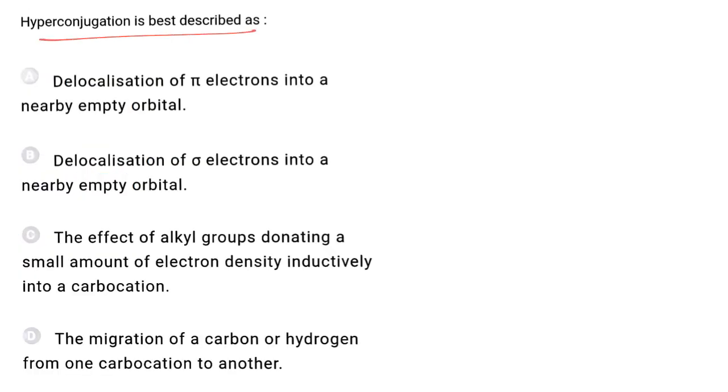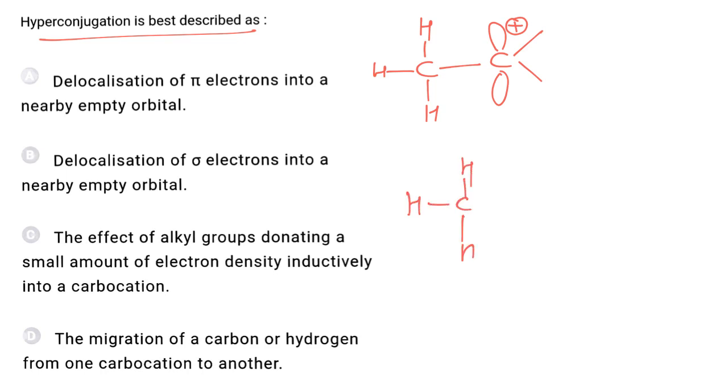Hyperconjugation is best described as? So during hyperconjugation, carbon hydrogen sigma bonds are present in conjugation with an unhybridized p orbital. So hyperconjugation is possible in carbocations and in alkenes. Now in both cases an unhybridized p orbital is present.